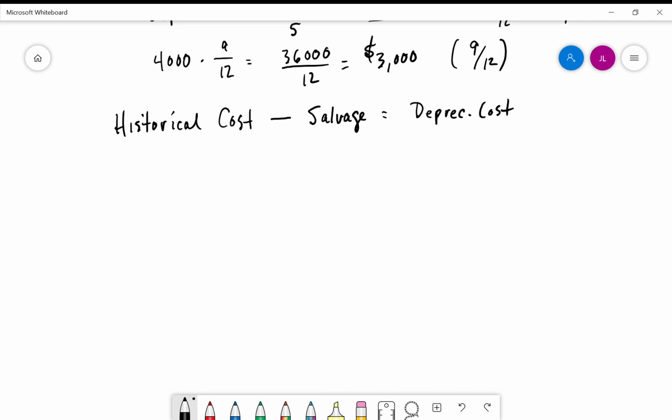And to determine the depreciation per period, it's depreciable cost divided by the number of periods we are depreciating.